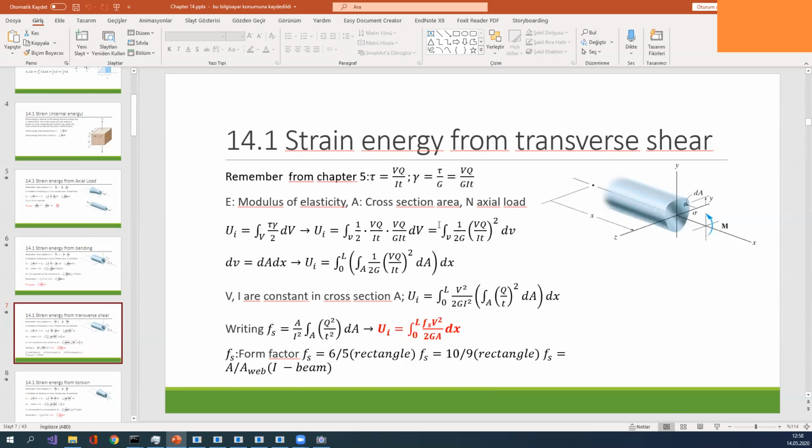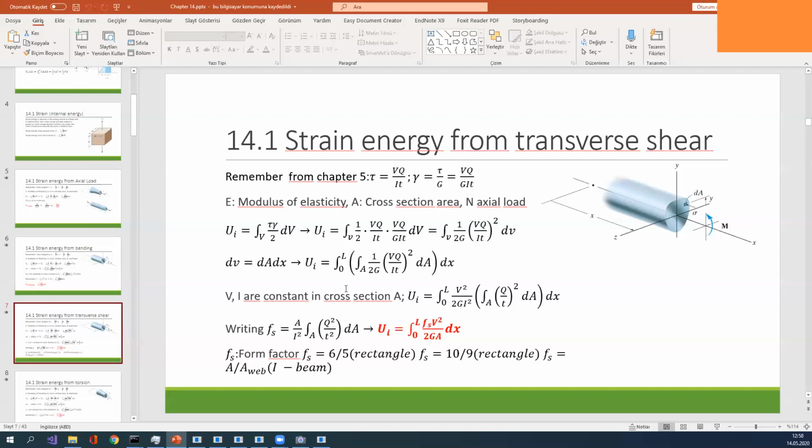If I include in here the total internal energy due to transverse shear by using this formula, 1 over 2G times, in parentheses, VQ divided by IT, squared. You know, dV is equal to dA times dx. So, similarly to bending, I want to divide the parentheses into area integration and length integration.